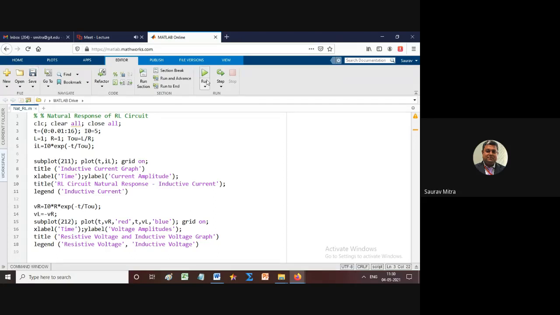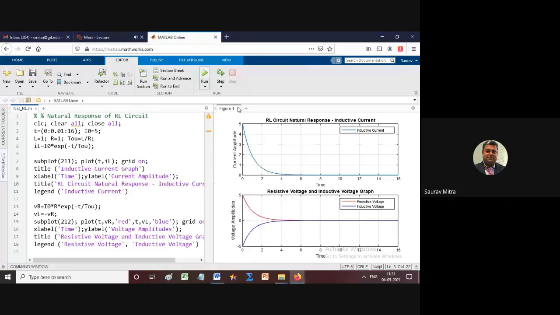That means whatever initial charging you had done, this natural response, had generated an initial current of 5 ampere in the circuit. Now you can check that this is the starting point of 5. The resistive voltage also is becoming 5. So the same graphs you have to generate, but again I'm telling you, the output of this experiment should be different for everybody. I had generated for 1 ampere, but you have to generate for any other value.